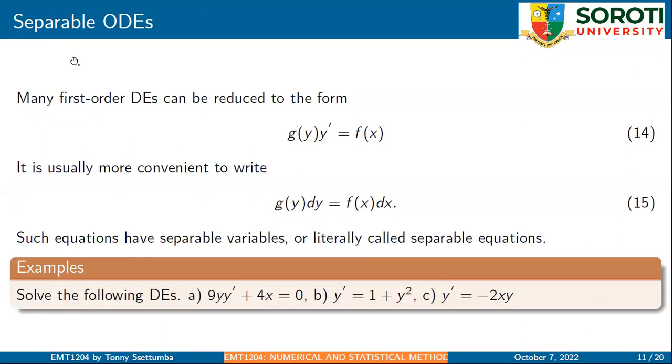Separable ODEs: I've given an example, and many first order ODEs can be reduced to equation 14, g(y) y' equal to f(x). I'm going so fast here because you've looked at it in high school. More conveniently it could be written as equation 15, where you put the terms of x to one side and the terms of y to one side.